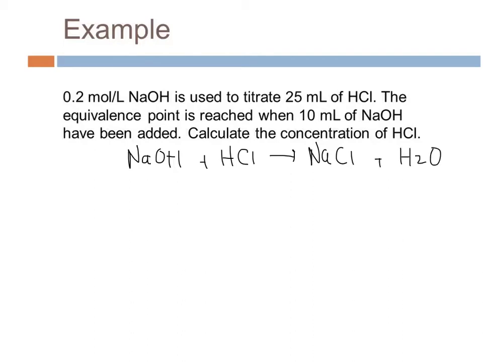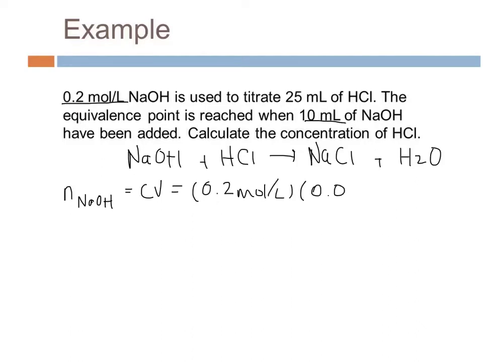We are given the volume of NaOH, and we're given the concentration of NaOH. So the first thing we want to do is find the number of moles. And that is going to be concentration times the volume. We're going to plug in our numbers here. 10 milliliters, we got to change to liters.